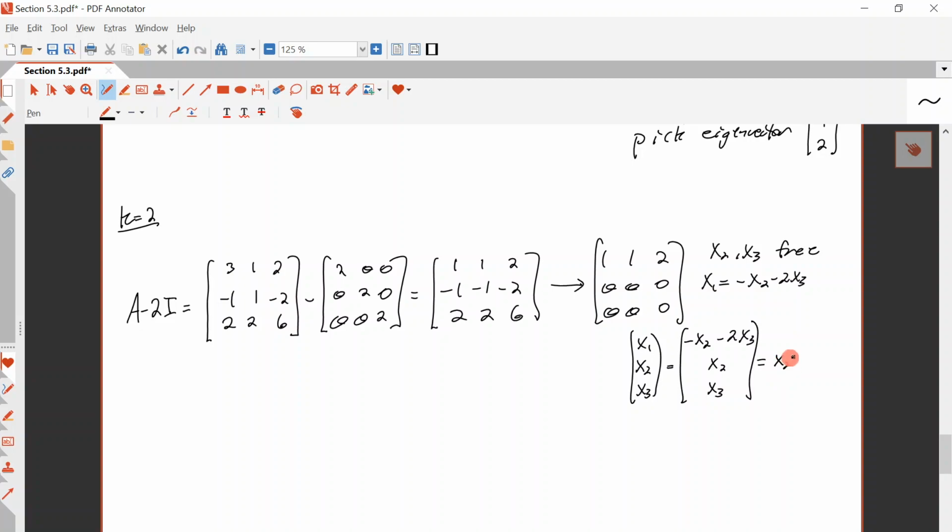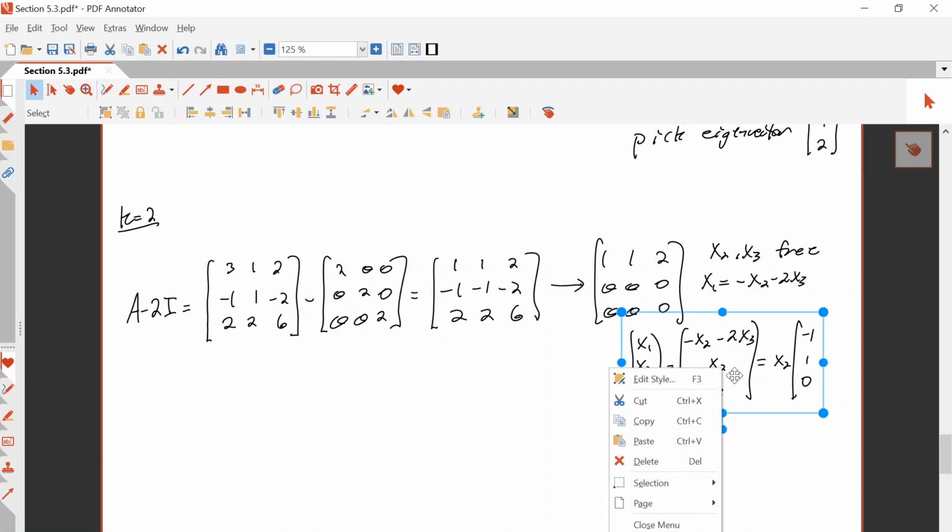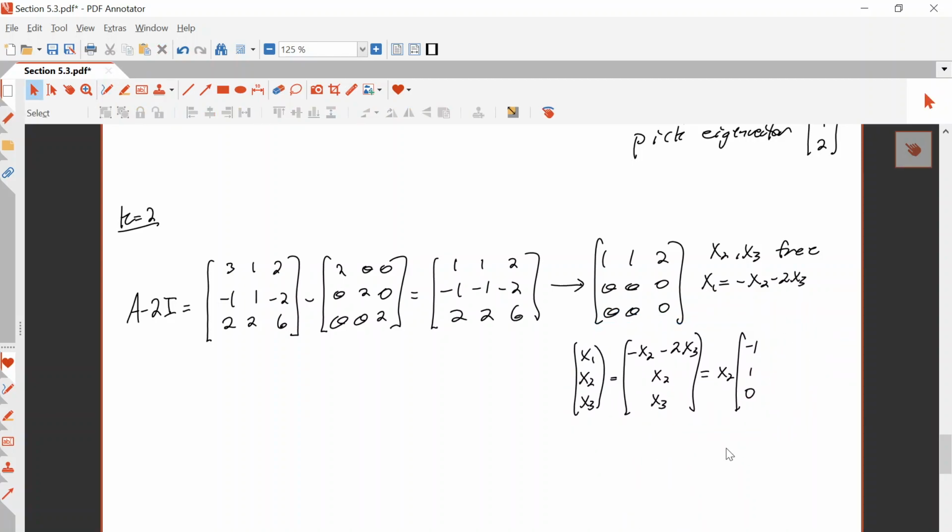So this is equal to x2 times minus 1, 1, 0, plus x3 times minus 2, 0, 1.